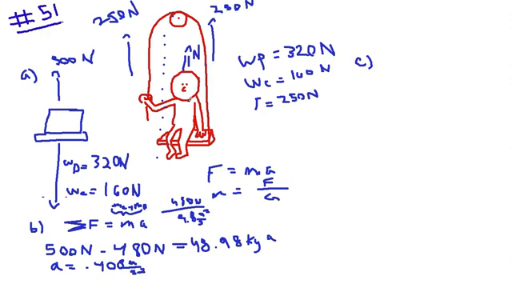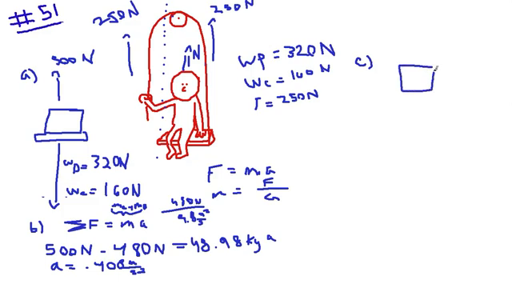If we focus on Patrick alone, there is only 250 newtons going up, because the other 250 newtons is from this separate lever arm, which, even though it isn't technically in his body in this physics world, we're just going to ignore for a second.